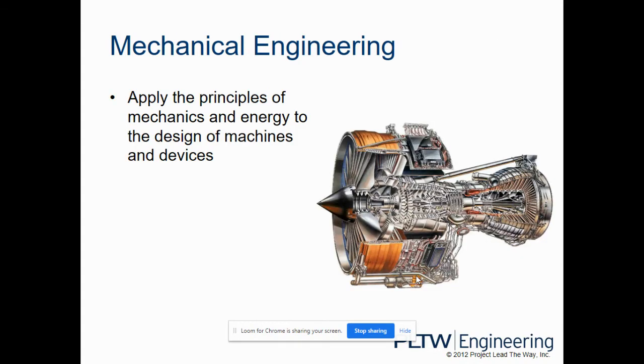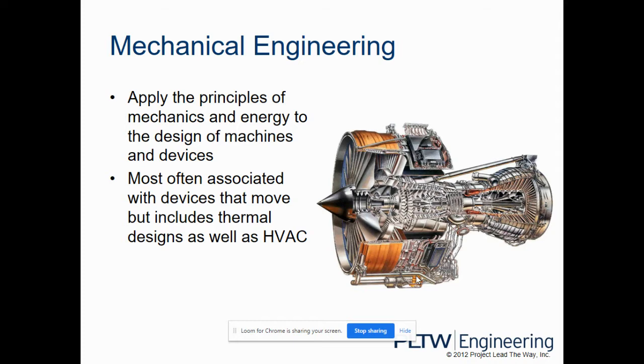Mechanical engineering deals basically with things that move, things that rotate, things that propel other things. Things where you have a lot of metal or high technology plastics rotating back and forth. Mechanical engineering is used to design all that stuff.